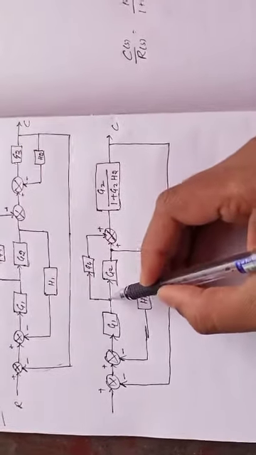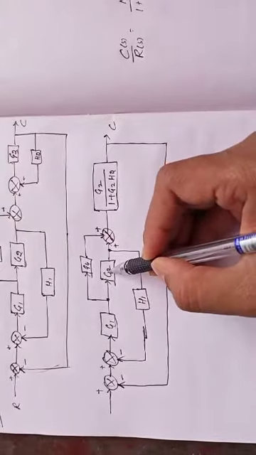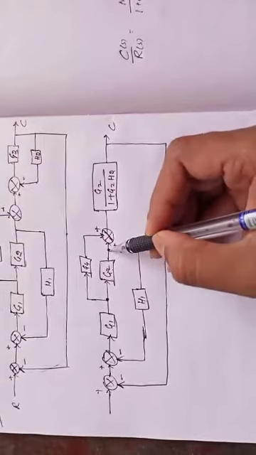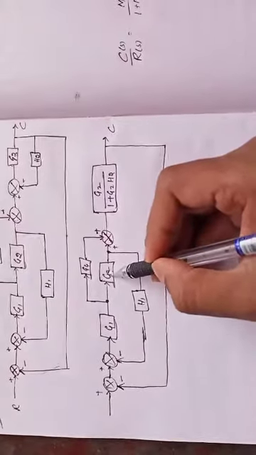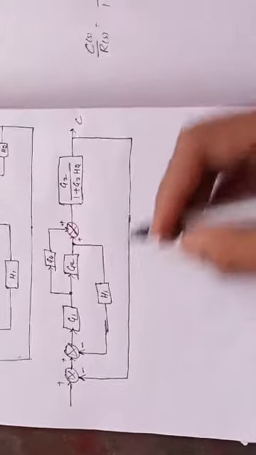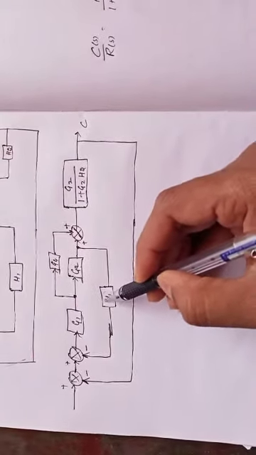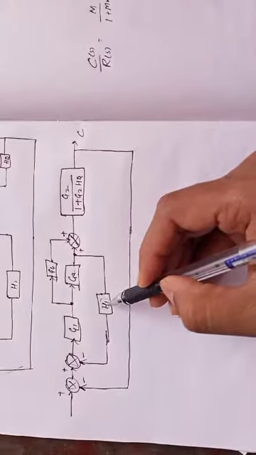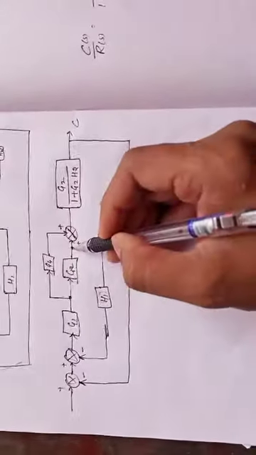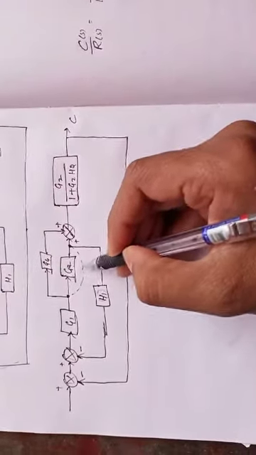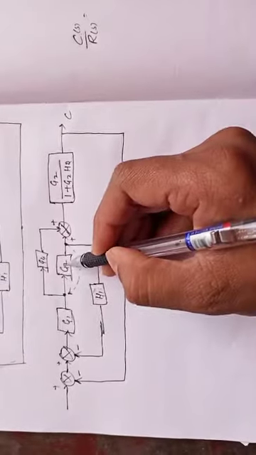In the previous problem, I had taken this takeoff point ahead of the gain block. Now I am taking this takeoff point behind this gain block. Then this gain is multiplied with this feedback signal. I just rewrite this, shifting this takeoff point before this G2.